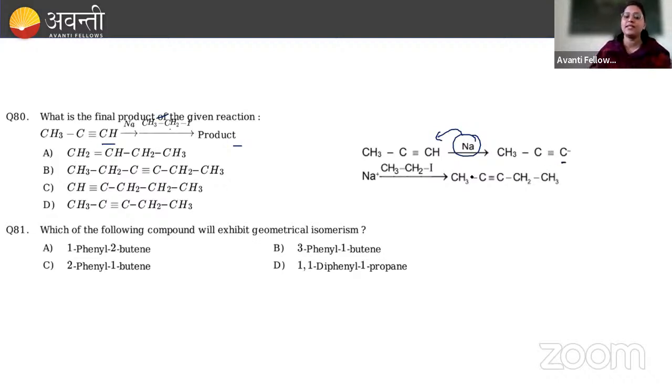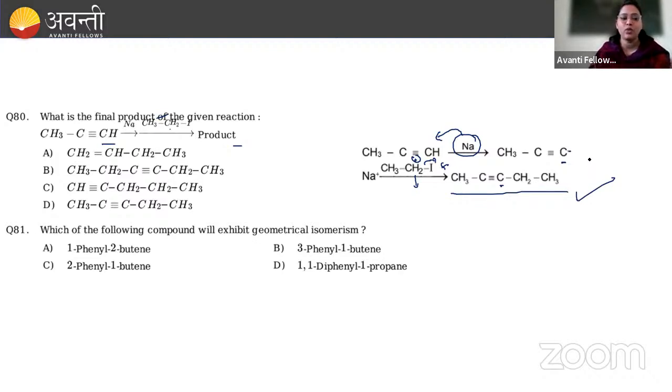This species, upon reacting with ethyl iodide, removes iodide from it, and this anion attacks that given carbon. We get the higher alkynes as a product.